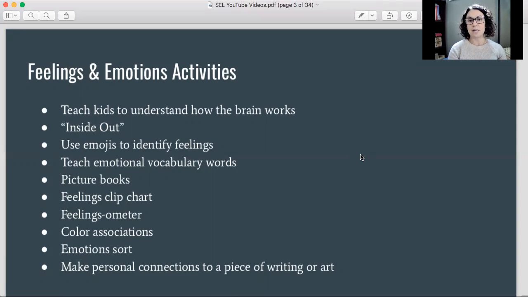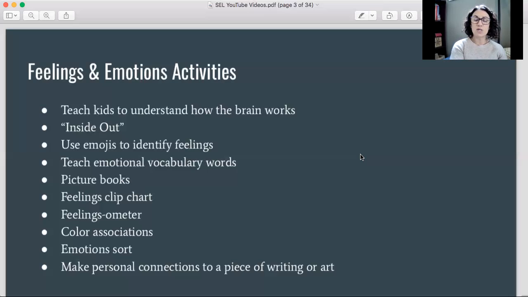What does that mean? Sometimes we think of blue as being sad or lonely. Red is angry, yellow is happy. So associate those colors. You can do an emotion sort where you're cutting things out of magazines or printing pictures off the internet and then sorting those into different categories.